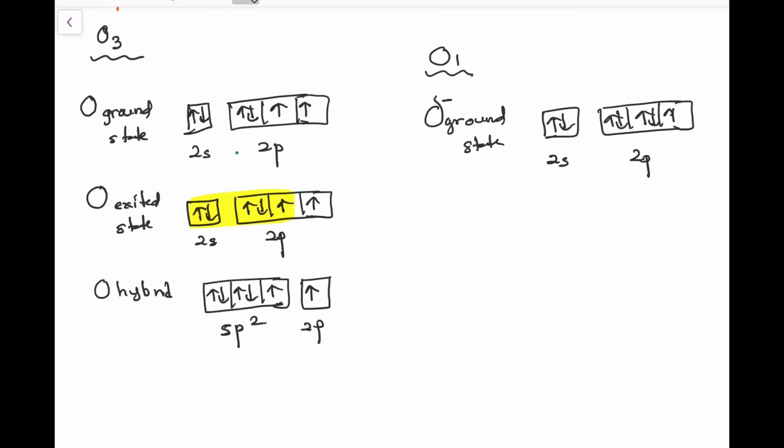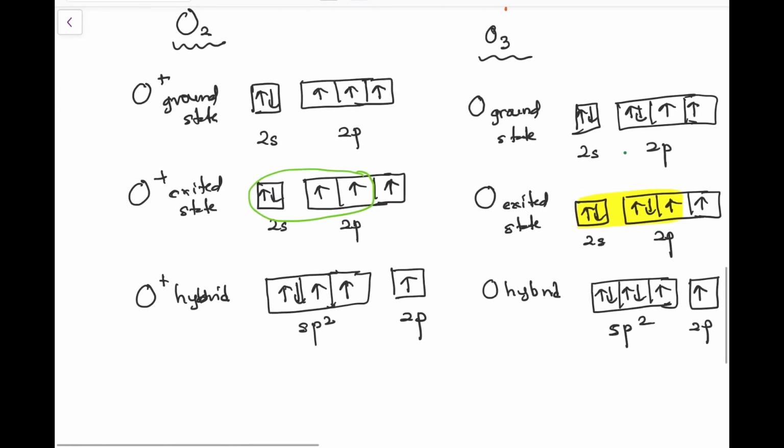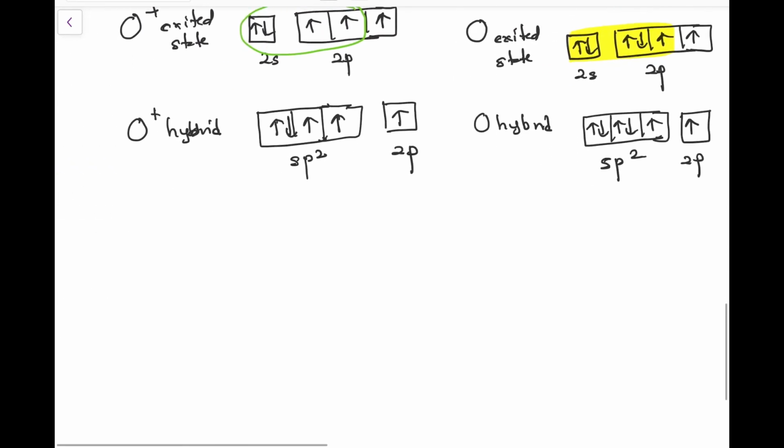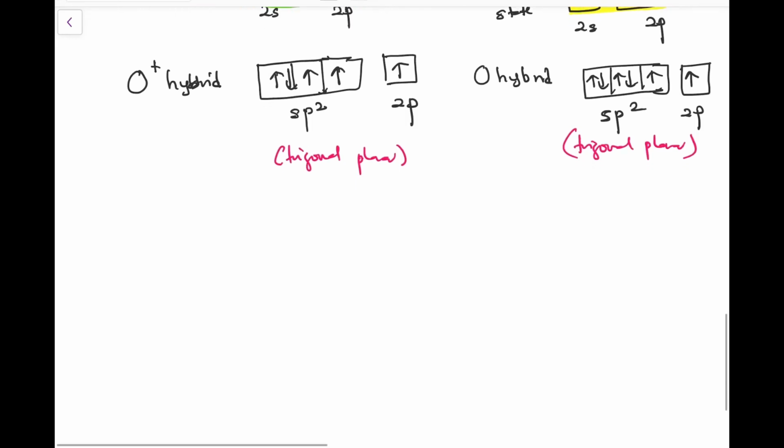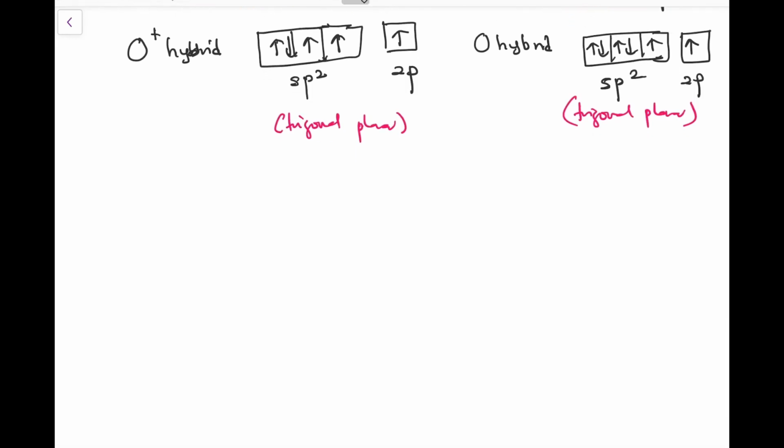Okay, so it's time for drawing. For sp2, the shape is supposed to be trigonal planar, and this one also. For the trigonal planar, which is O plus, the shape is supposed to be 1, 2, 3.